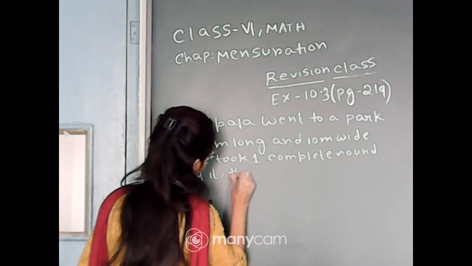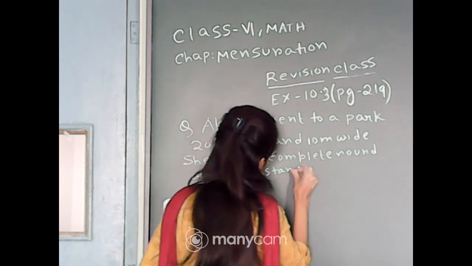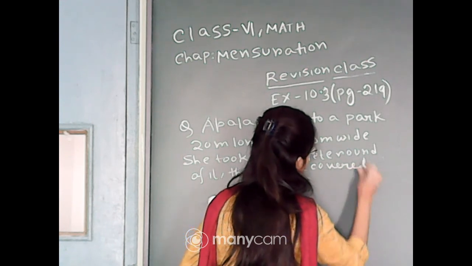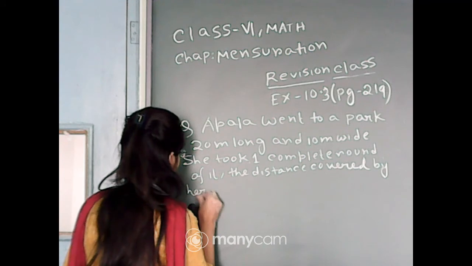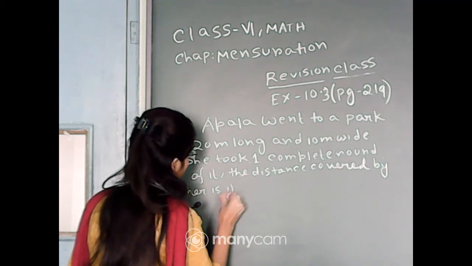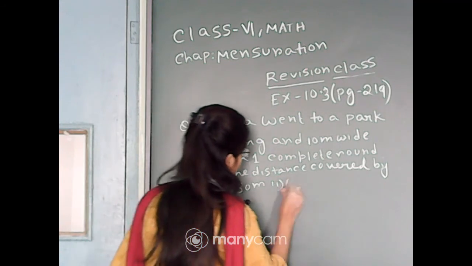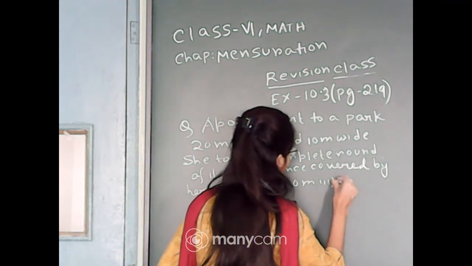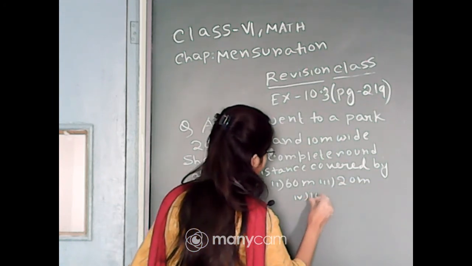The distance covered by her is: option 1 is 30 meter, option 2 is 60 meter, option 3 is 20 meter, and option 4 is 10 meter.